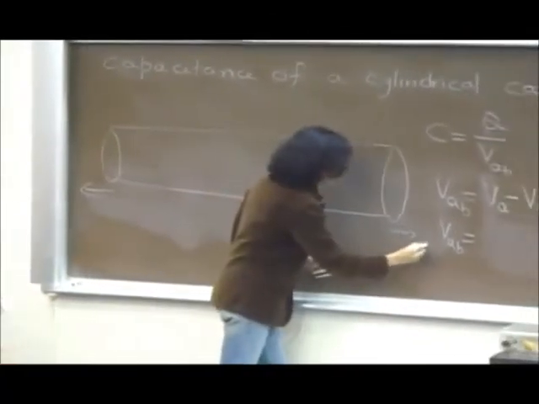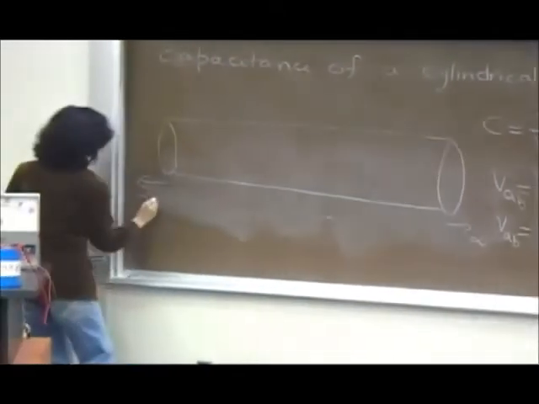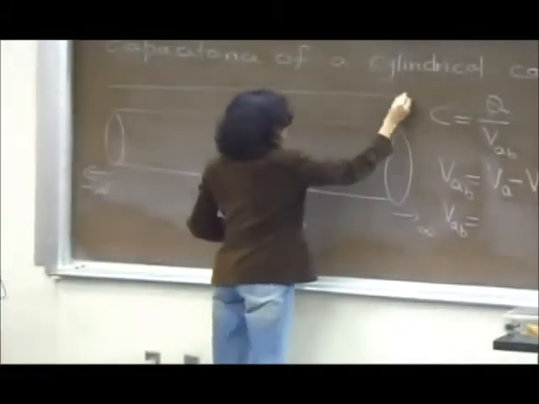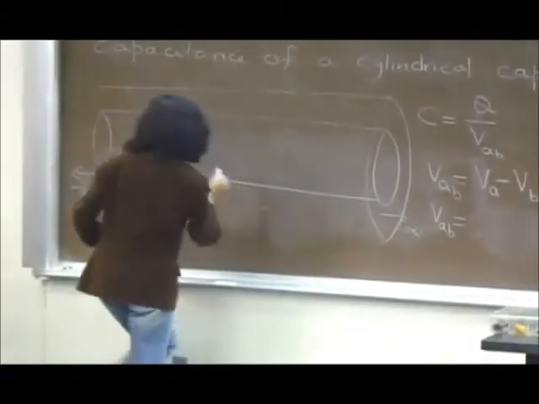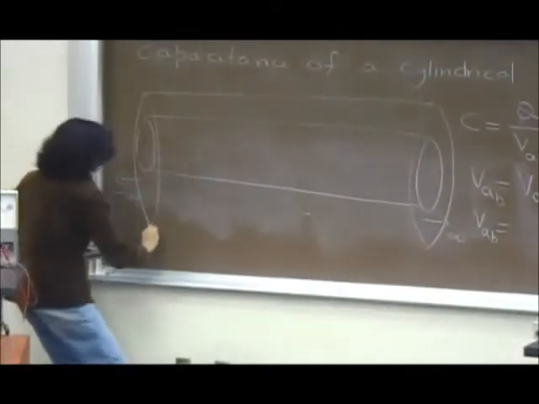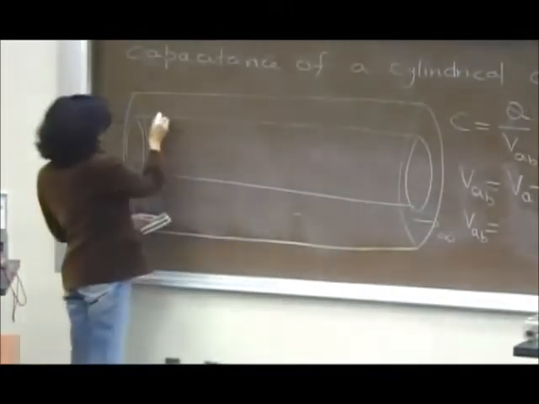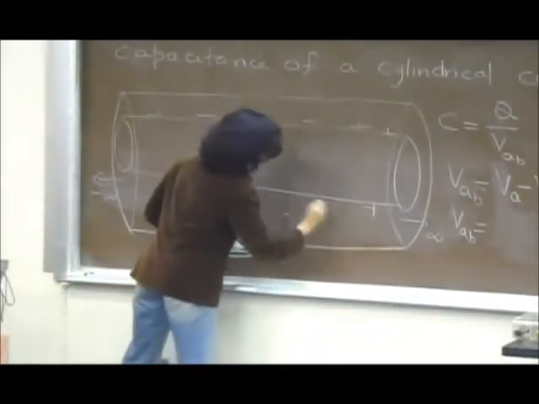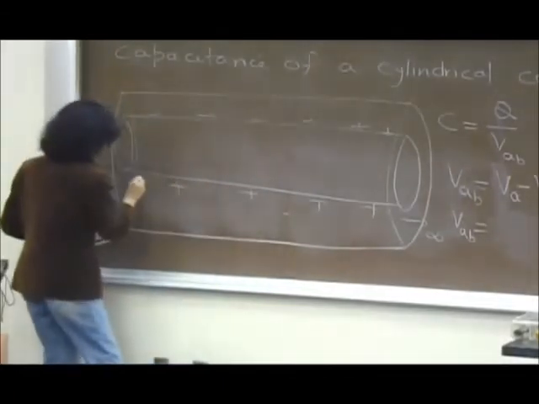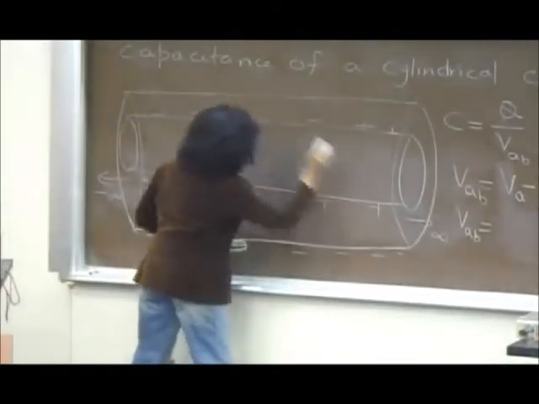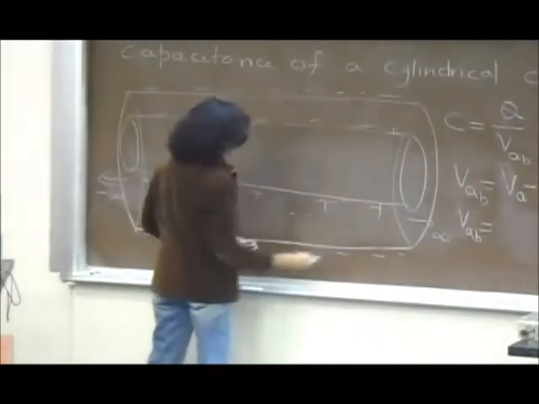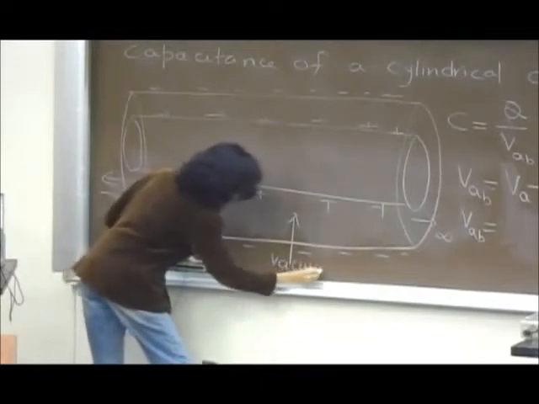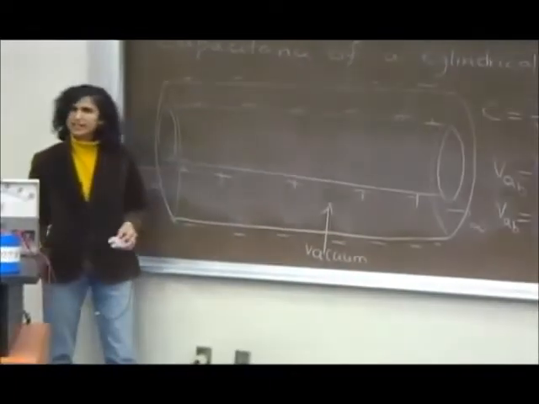So we can use the results for infinite cylinder of charge, and then concentric with it, we have another cylinder here, and let's put, say for example, positive charge on this cylinder, and let's put negative charge on the outer cylinder, and let's say we have vacuum between the two cylinders. Is that making sense, folks?